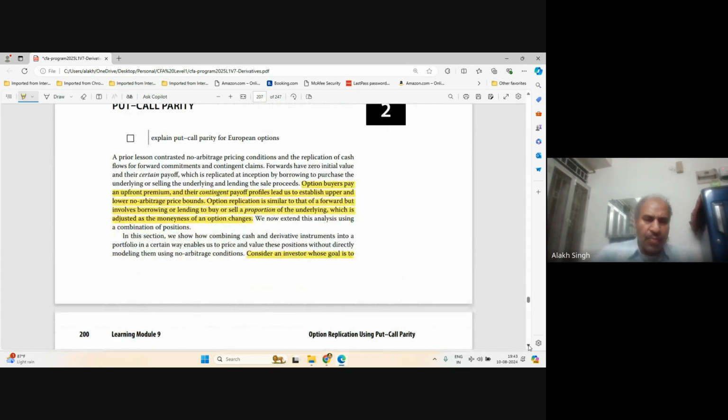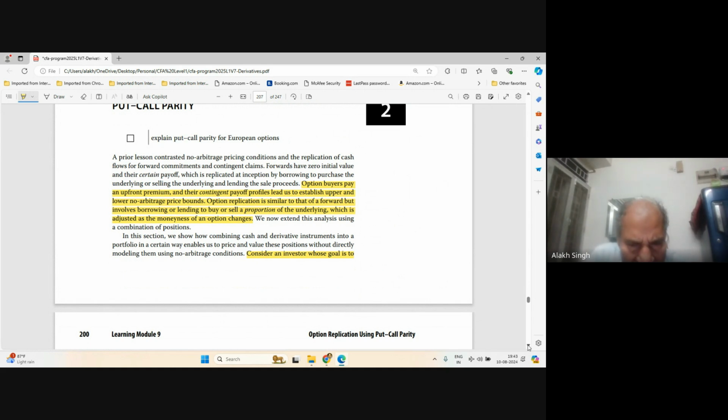Okay. So put call parity, as I already discussed: whenever option buyers buy a put, they have to spend money, and when they buy a call, they also have to spend some money, and that is called the call premium. And there are their contingent payoffs.